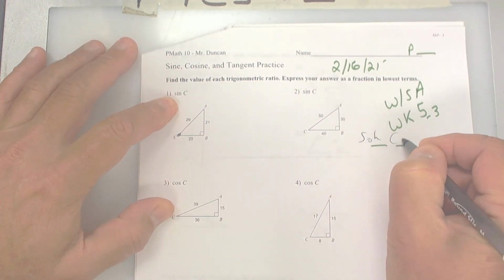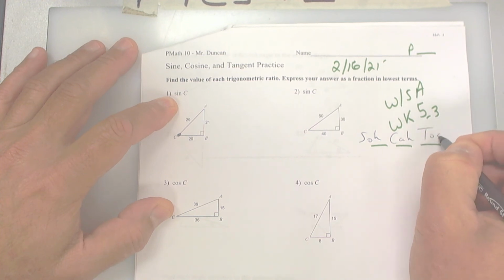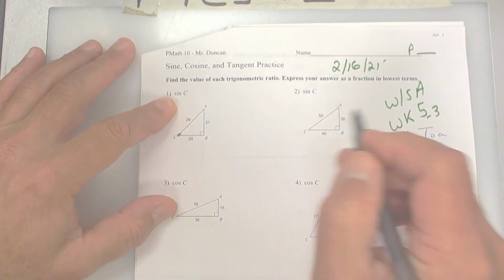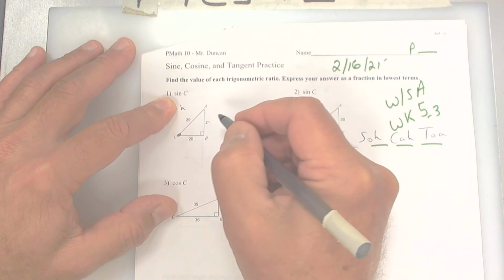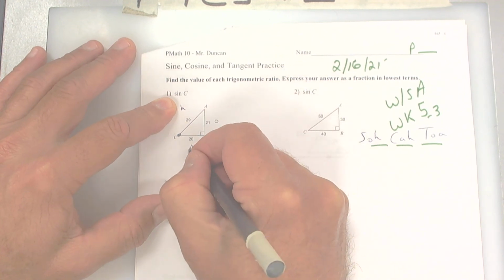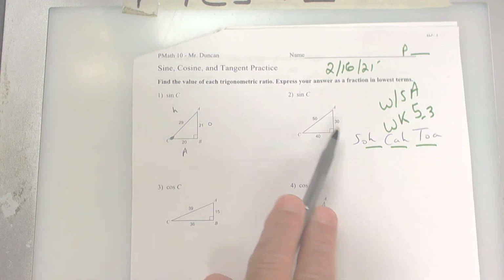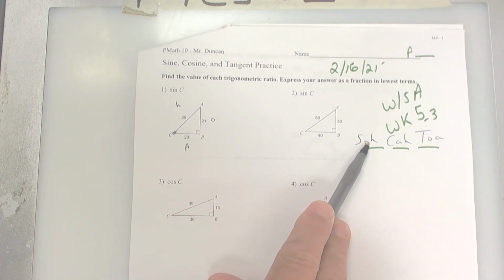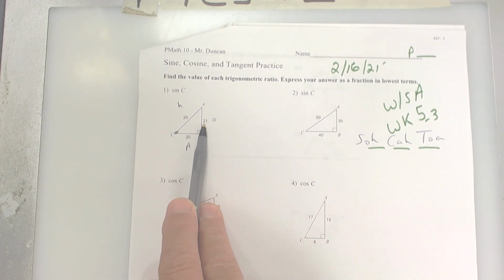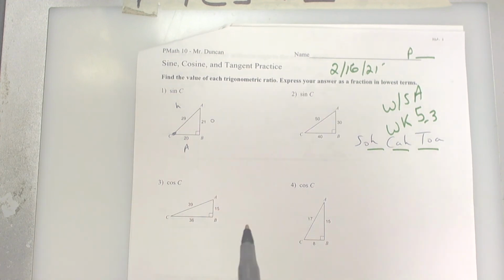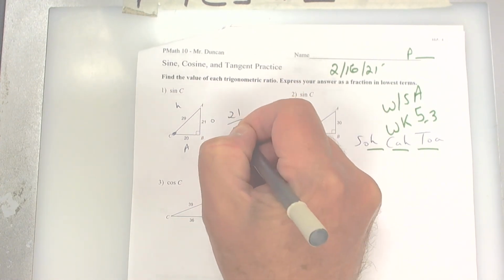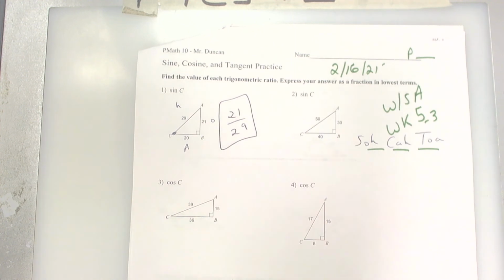So, SOH. Okay. So label your sides, hypotenuse, opposite, and adjacent. Okay, so the sine, the formula, the sine is opposite over the hypotenuse. So the opposite is 21, and the hypotenuse is 29. So the answer is 21 over 29, and that's all you do.